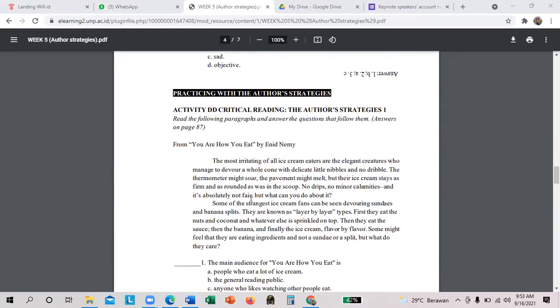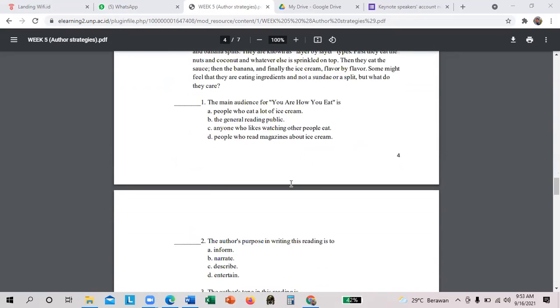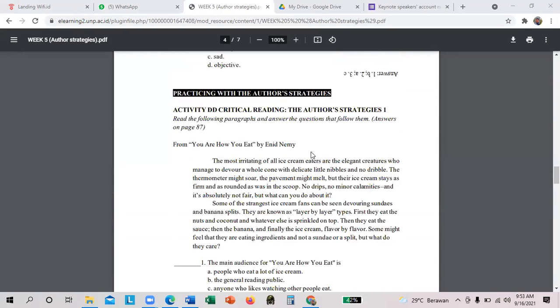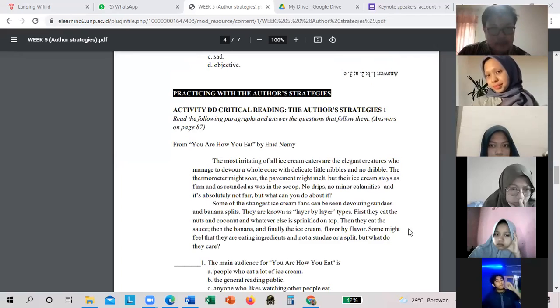I think this one is the last text that we will reveal today, to see whether we understand the author's strategies. Okay, I would invite Dinda. Dinda, please read the first paragraph.